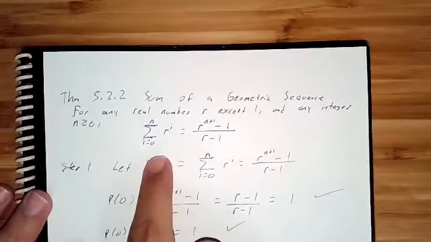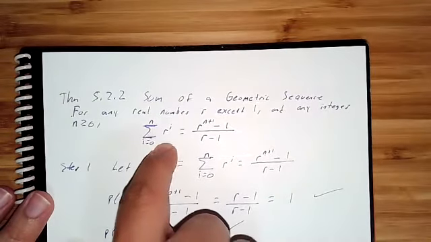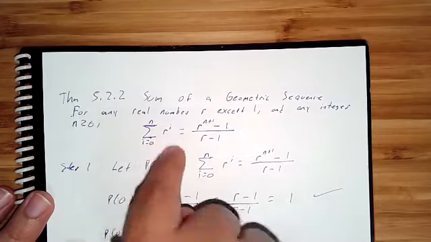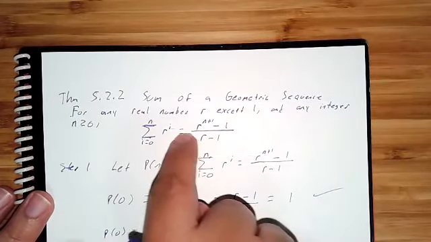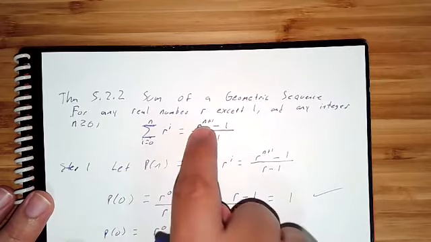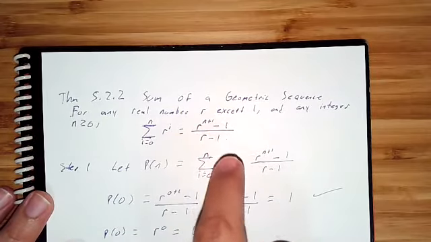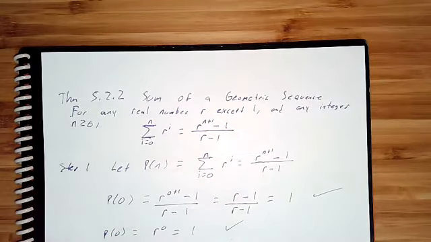Here, right? The sum of some geometric, so notice how we have a bunch of powers of 3, right? 3 to the 0, 3 to the 1, 3 to the 2, 3 to the 3. So 3 to whatever power is going to go here. And we apply the formula, and then we're going to get our solution. Okay, and that'll be our sum.